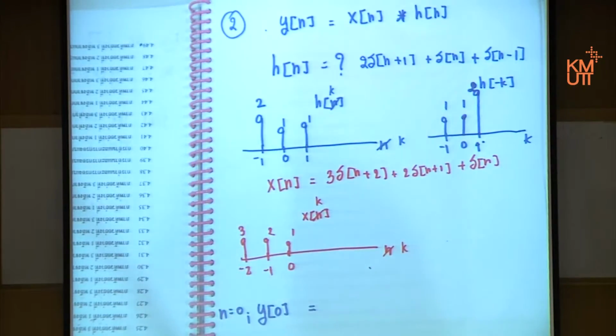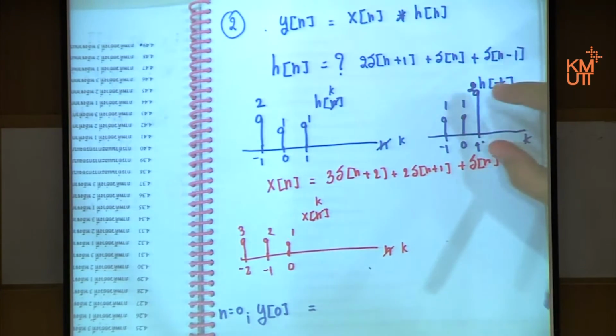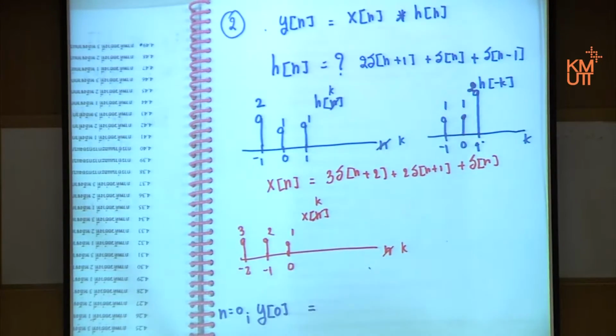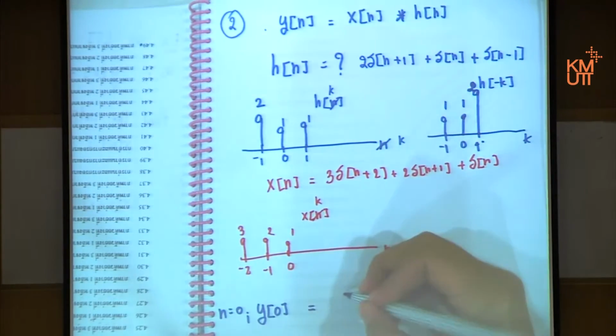If you do not shift h[-k], you just multiply this one with this one.